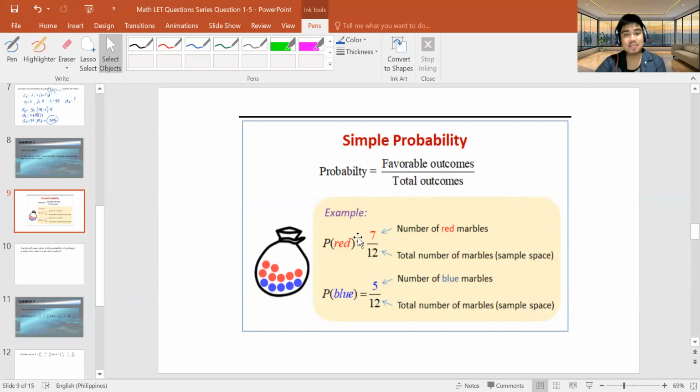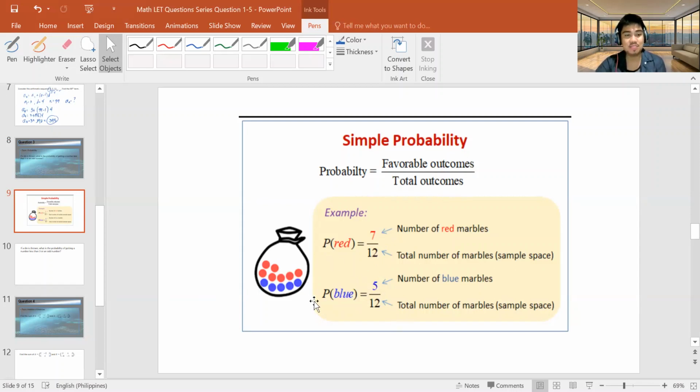Since we have 7 red marbles there, 1, 2, 3, 4, 5, 6, 7, and the total number of marbles is 12, we have 7 over 12 chance that we get a red marble.